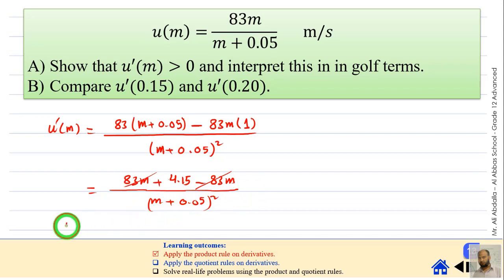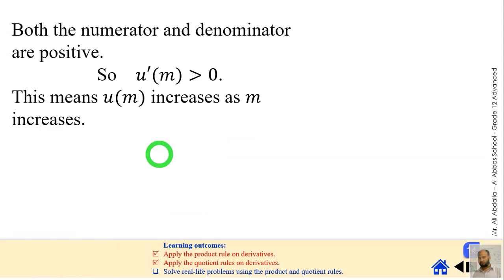Then we have u'(m) equals 4.15 over (m + 0.05) all to the power 2. Both the numerator and denominator are positive, so u'(m) is greater than 0.